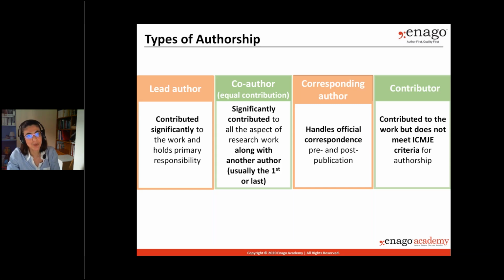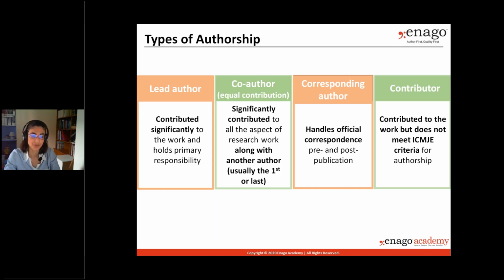So in this case, you indicate with an asterisk next to this name and a clarification on the first page where it indicates which authors contributed equally. Now, in this case, there needs to be, as it clearly says, equal contribution of this particular author to another author on the list. Usually this can be the first or the last author.